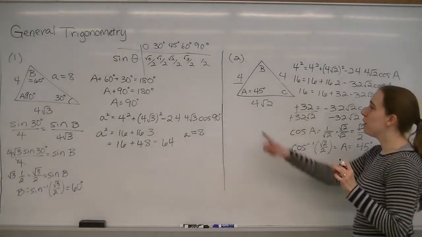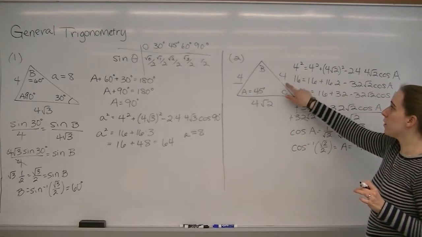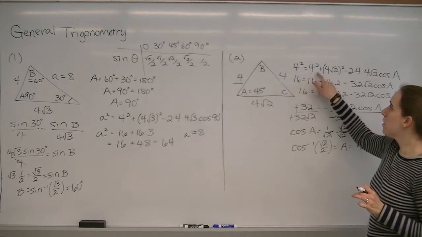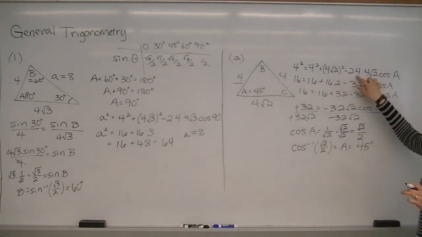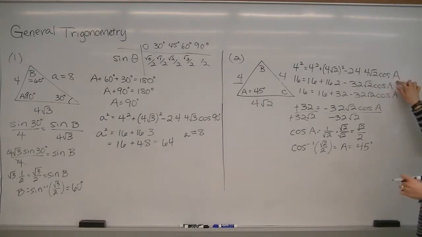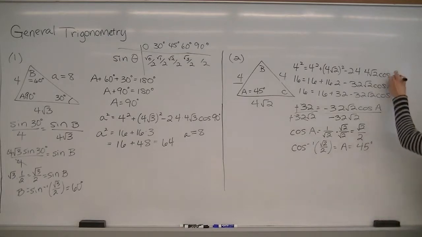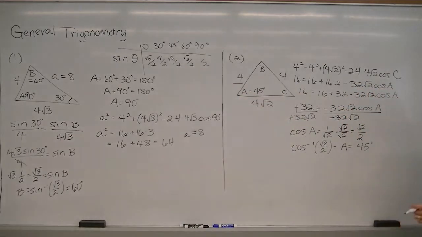When I do write out the law of cosines for this, I'm going to get 4 squared is equal to this 4 squared plus (4 root 2) all squared minus 2 times 4 root 2 times cosine not of A, since we've already found A, but of C. In this particular triangle, it happens to be that when I set up the law of cosines for these two sides, all that changes is the angle.